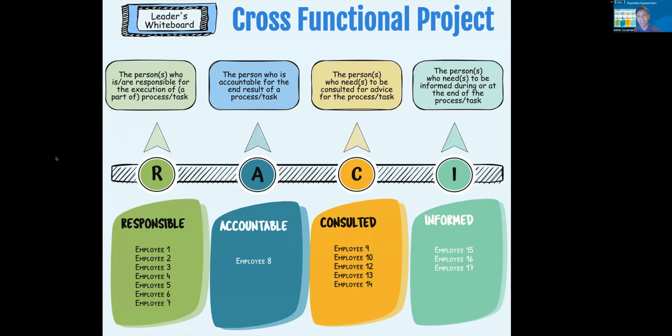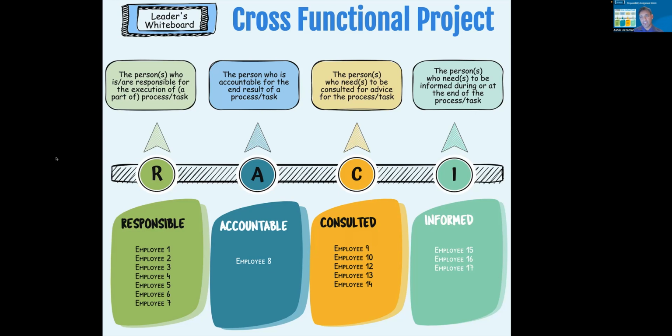So here is an example of a hypothetical cross-functional project in your organization and in your company. And you will see that this project has many tasks, and those tasks can be divided into 4 different types of people in different capacities or in different contexts.